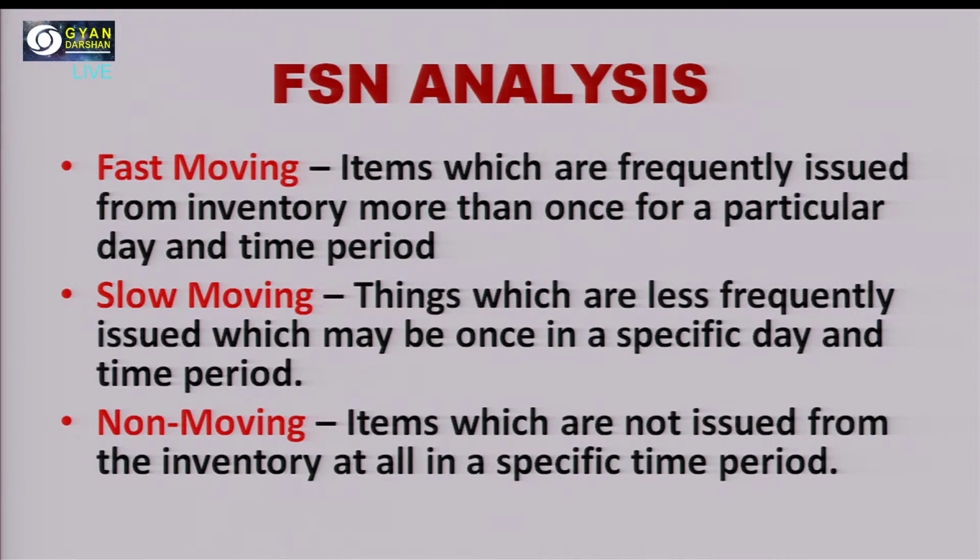They are issued from the store more than 3 or 4 times in a day. Slow moving items are those which are issued once in a day. Non-moving items are those which are issued once in 6 months or once in a year.